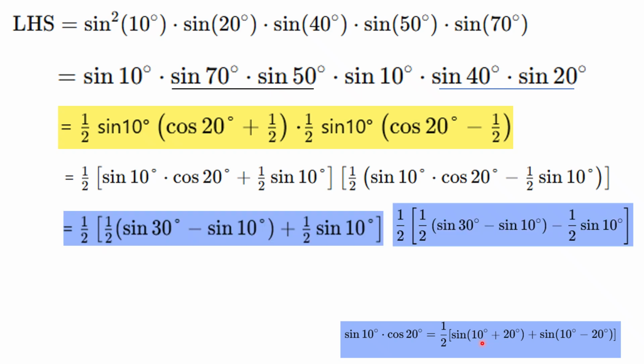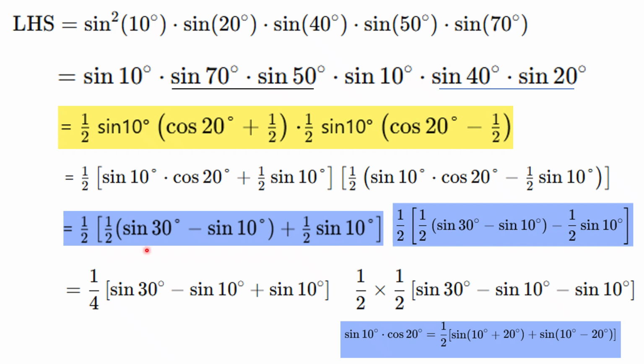Sin of 10 plus 20 is sin 30 and sin of 10 minus 20 is sin of minus 10, which becomes minus sin 10. So we have 1 by 2 into sin 10 cos 20 becomes 1 by 2 sin 30 minus sin 10 plus 1 by 2 into sin 10 as it is. Similarly, in the second term, 1 by 2 is here as it is and sin 10 into cos 20 is replaced by 1 by 2 into sin 30 minus sin 10 and minus 1 by 2 sin 10 is carried to next stage as it is.